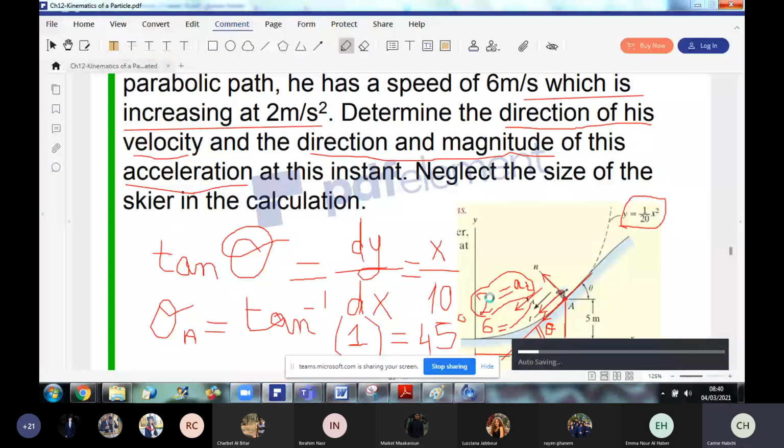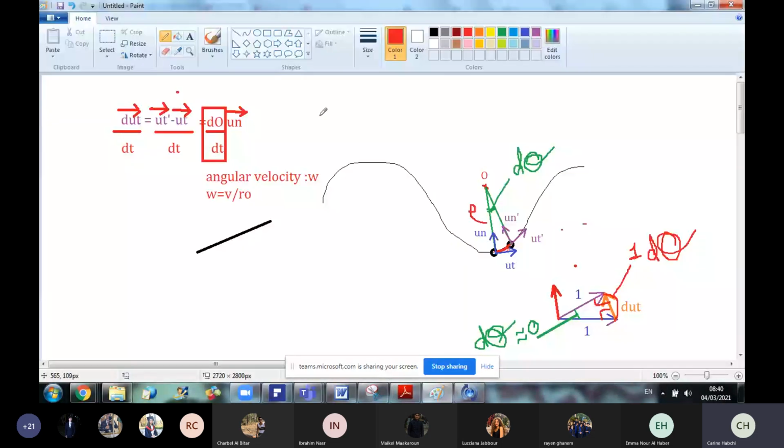Let us go to the sheet we were working on at first. Do you have the screen? Yes. Okay. So they gave me the function. I know that y is equal to x squared over 20.